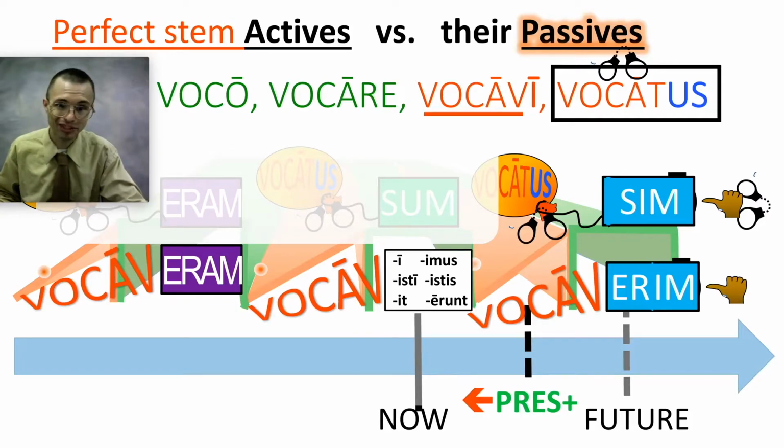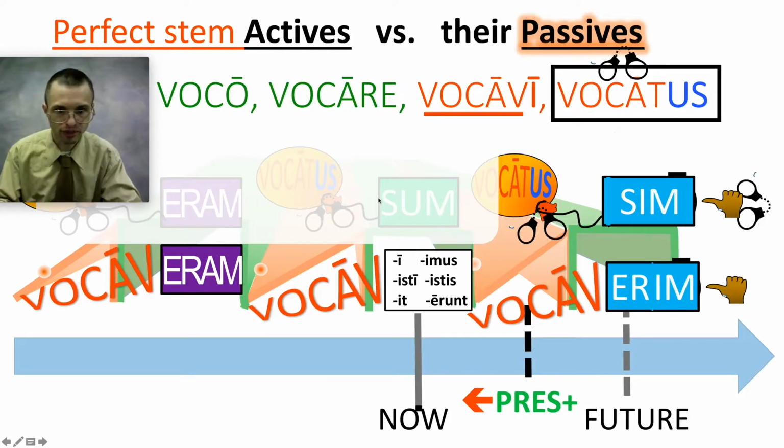Now, it's not perfect because you would have thought that this would be vocatus erim, but instead it's going to become sim, which is the flimsy subjunctive form of sum here, which I blotted out so that you wouldn't think of sim and sum as being different tenses on the timeline.